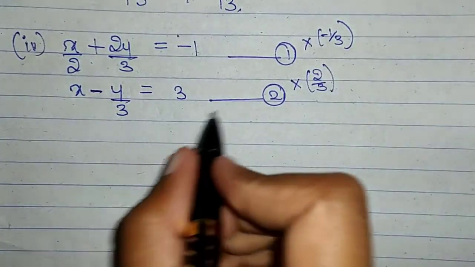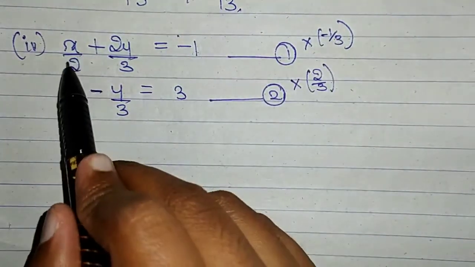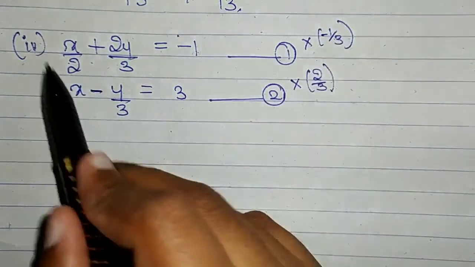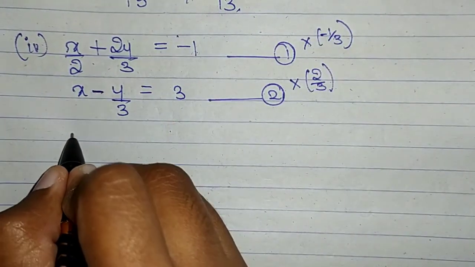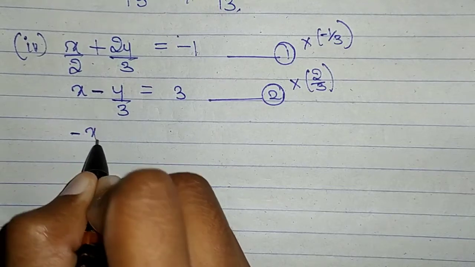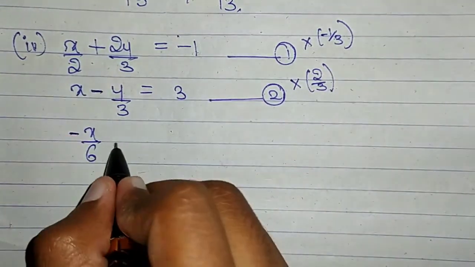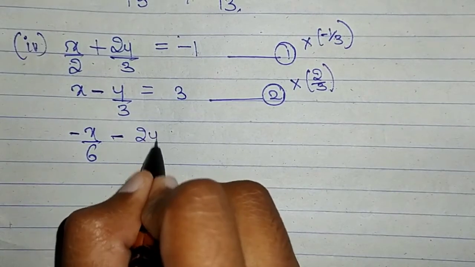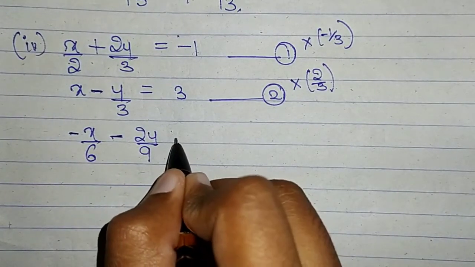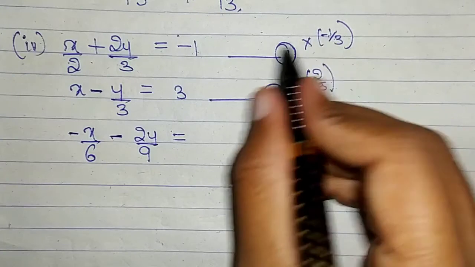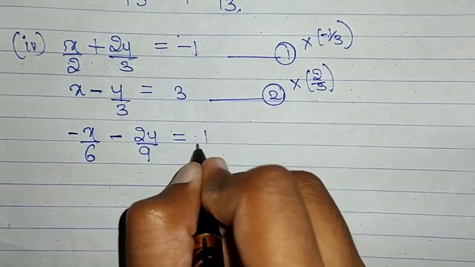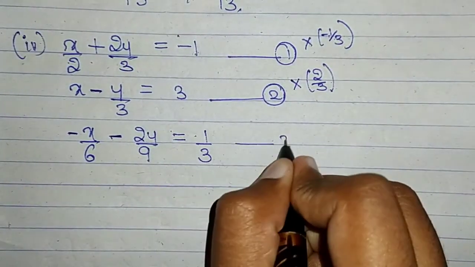So now rewriting the equations, minus 1 by 3 into x, plus 1 by 2, we'll get minus x by 6. And this one will be minus 2y by 9, which is equal to minus 1 by 3 into minus 1, we'll get 1 by 3. This is the third equation.